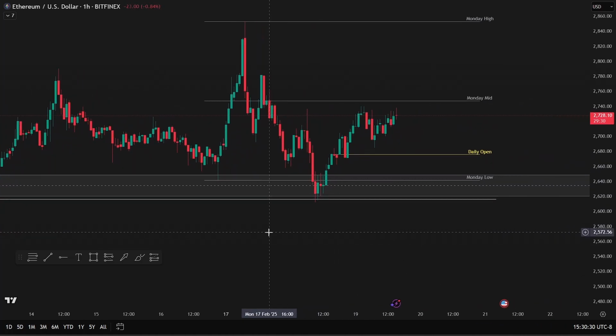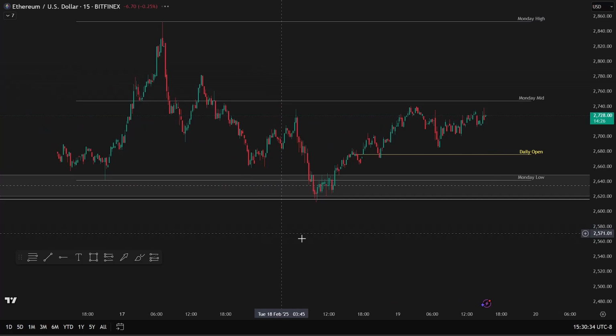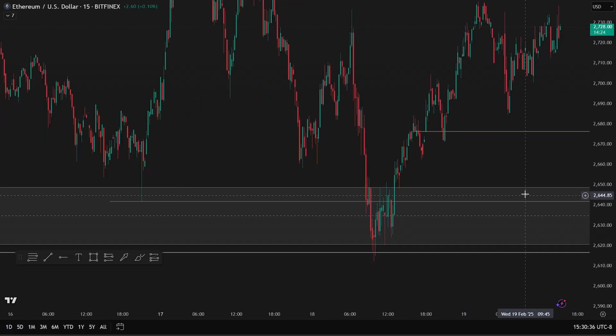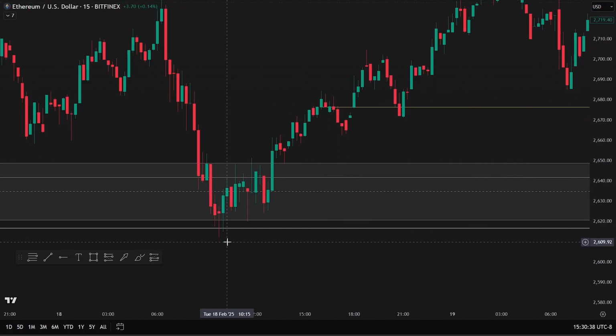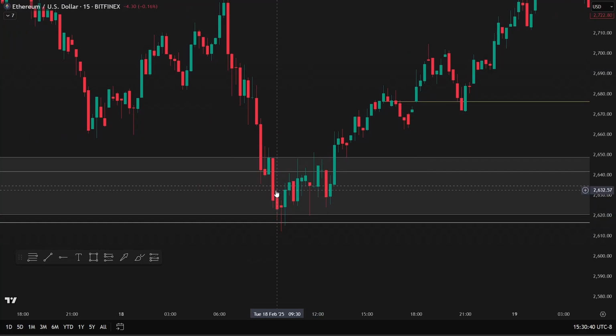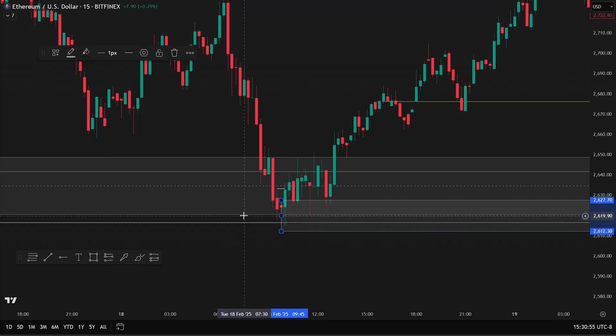and right around in here, I'll zoom in. We're on the 1-hour. I'll go to the 15-minute and show you what I was looking at. I saw this sweep come in. I saw price push up, break market structure here. This is how I actually get into trades myself. Broke market structure here, retraced back down into this 15-minute order block, right?